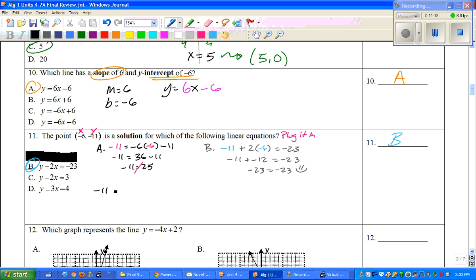For C, you would have negative 11 minus 2, negative 6 equals 3. And then for the other one, y equals 3, negative 6 minus 4. So both of those would be false. Okay?